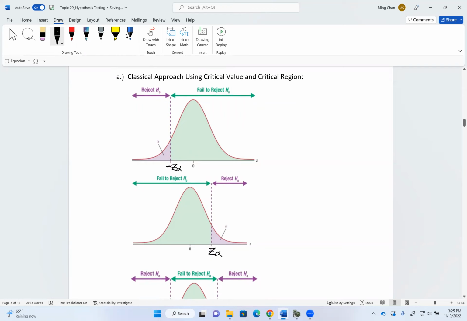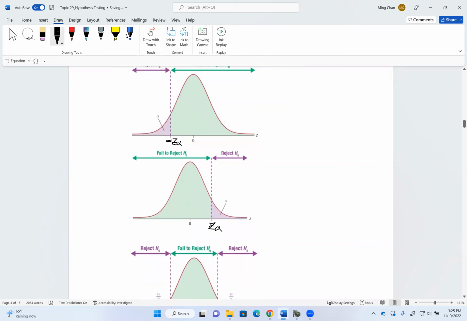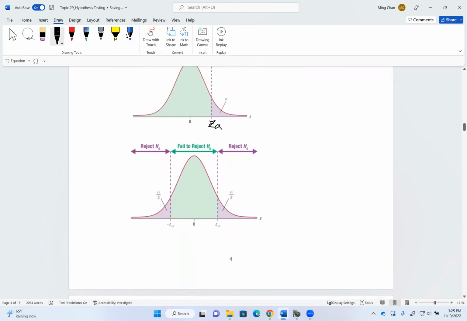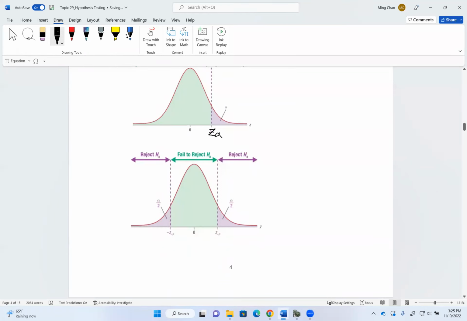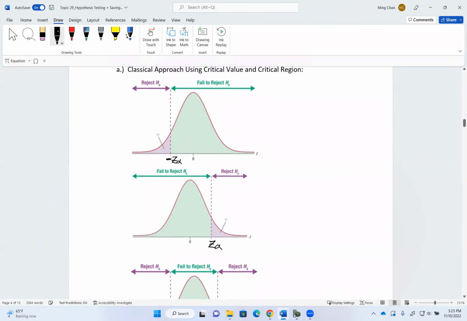If our test statistic falls into the rejection region, whether it's a left tail or right tail test, then we reject the null hypothesis. If it doesn't fall in there, then we fail to reject. This is a two-tail test, so this is a critical value, negative Z sub alpha over 2, and this one is positive Z sub alpha over 2. All right, so this is the classical approach.